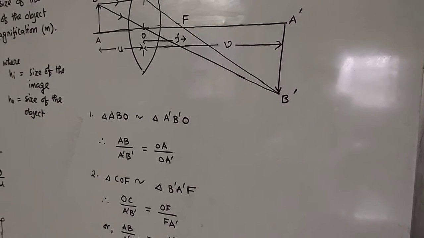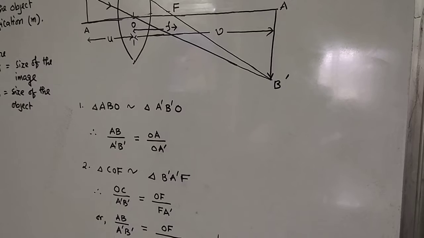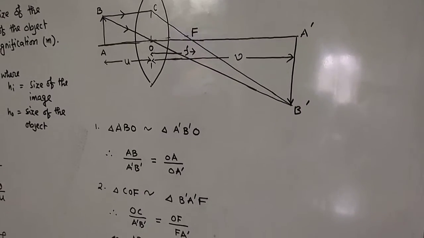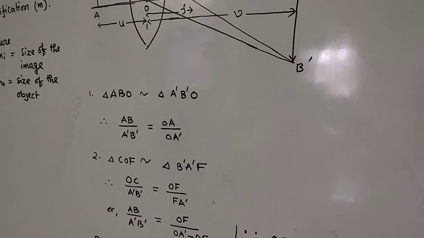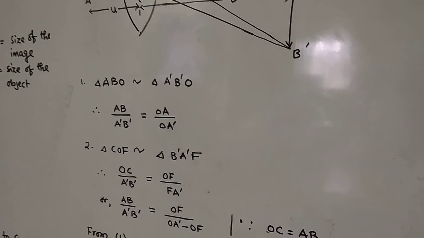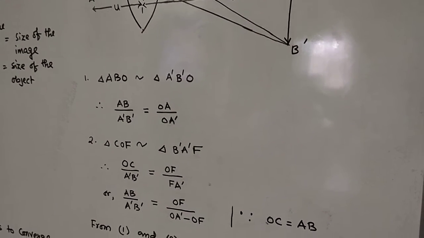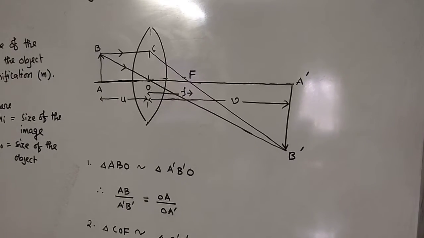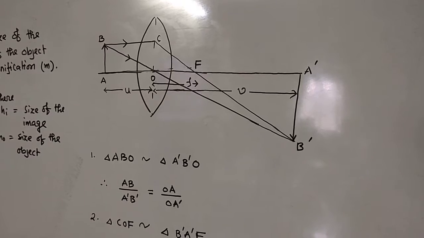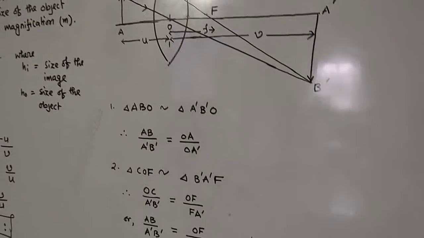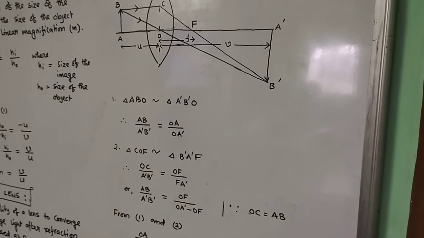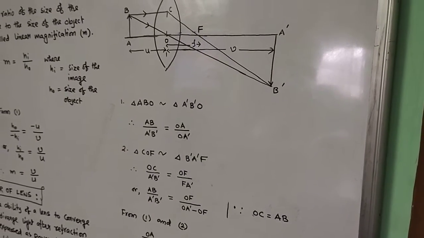Now OC is the same as AB, so you can simplify this expression by substituting OC equal to AB. So AB by A'B' equals OF by FA'. Now FA', you see, is nothing but the difference OA' minus OF, if you see the diagram.